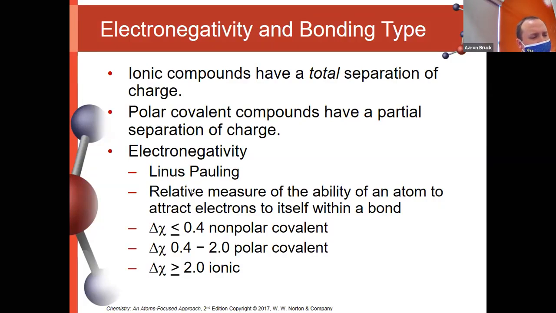One thing I want you to understand about this scale, though, especially in this domain right here, these are all shades of gray differences. The difference between nonpolar and polar, the difference between polar and ionic, they're shades of gray. It's not a stark difference. If I have a 2.1 electronegativity difference, yes, according to this scale, that would be an ionic compound.